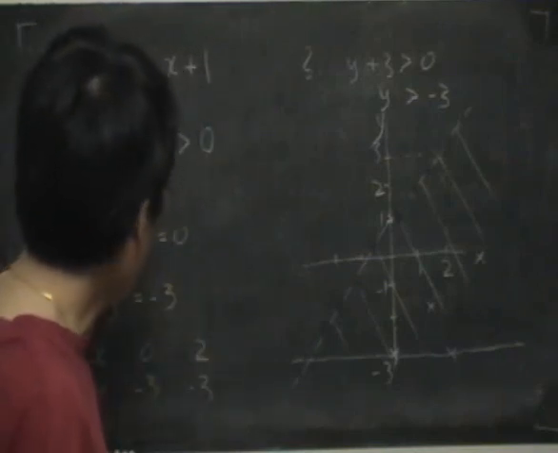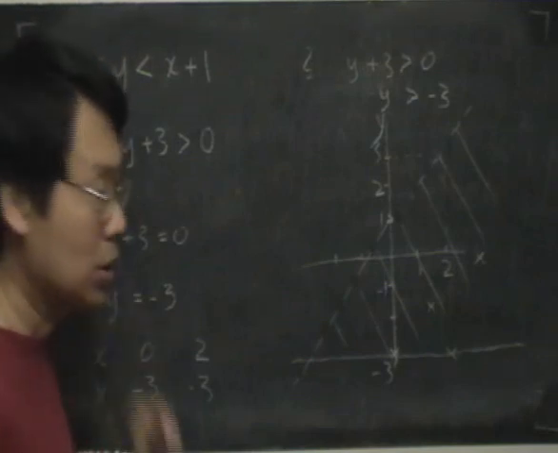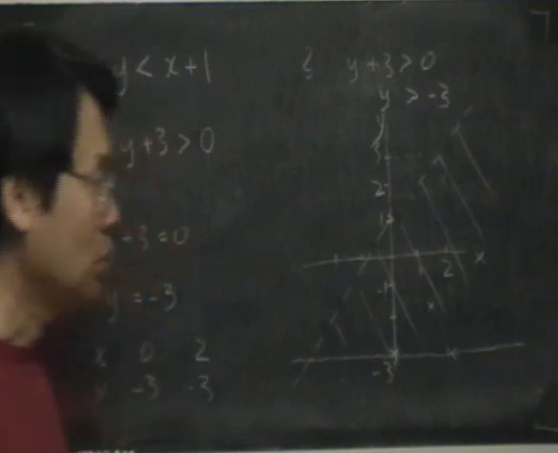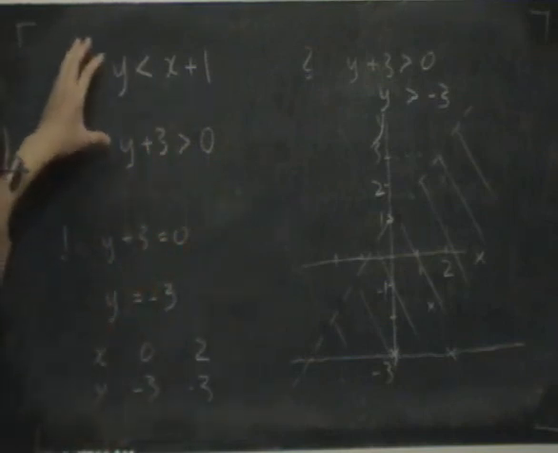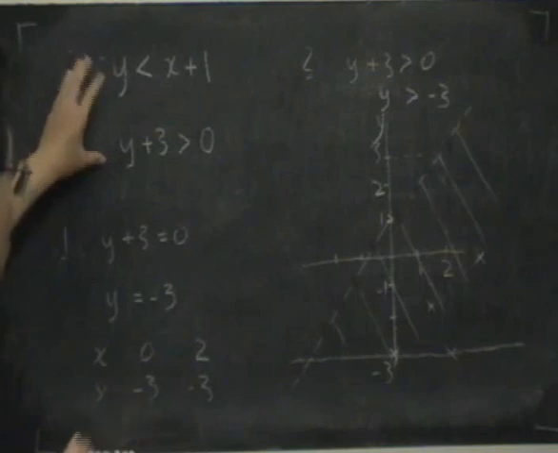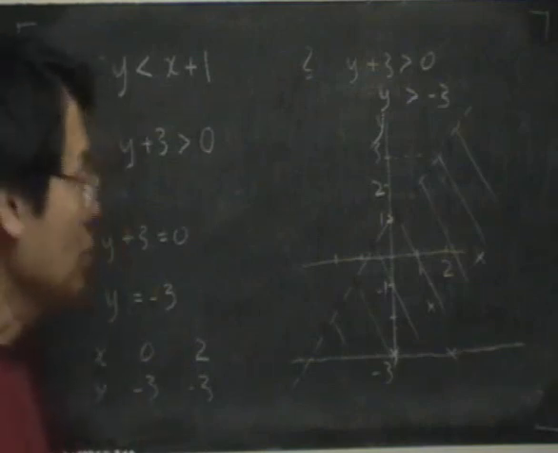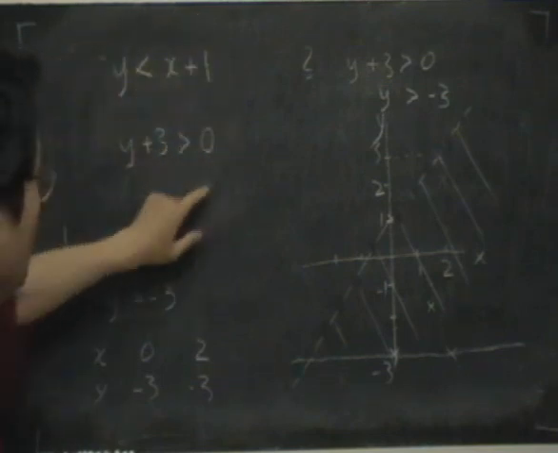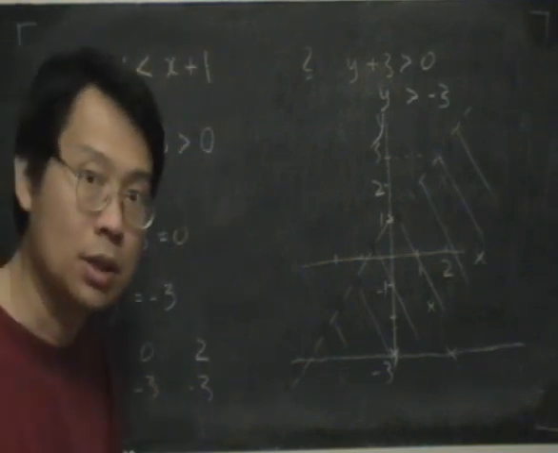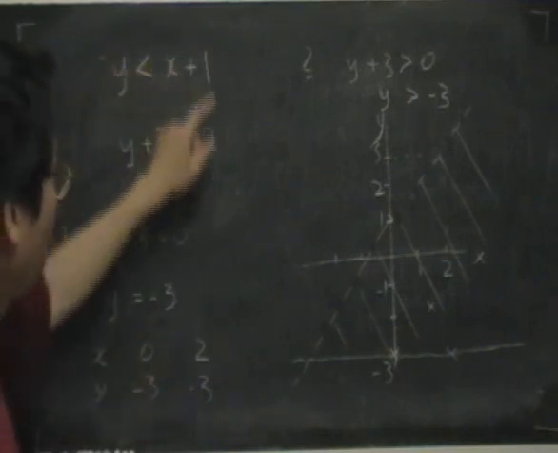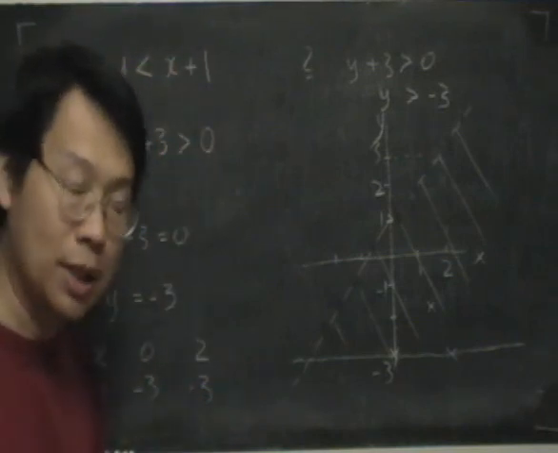I'm now going to go back to the first two inequalities. If you remember, the question was, how do I show the area of x and y that satisfy both inequalities? How do I find the possible x and y for both inequalities to be true at the same time?